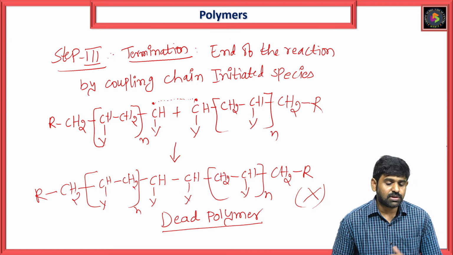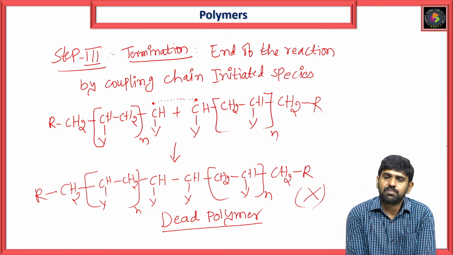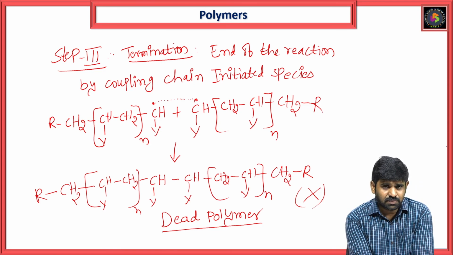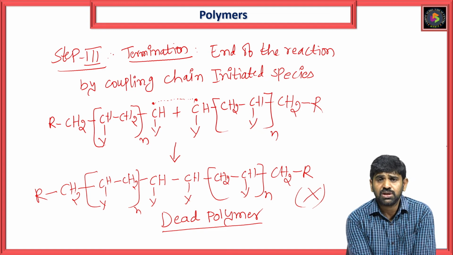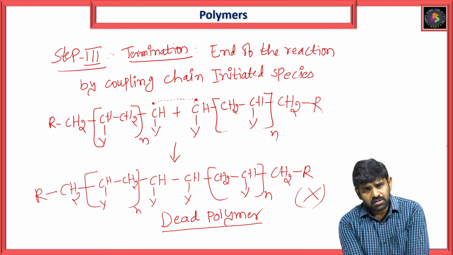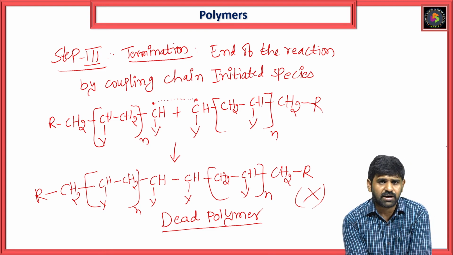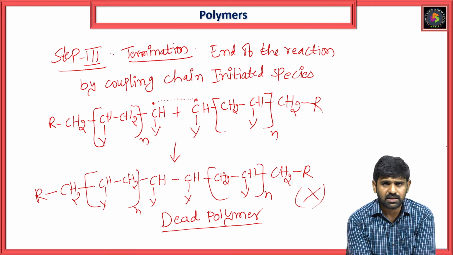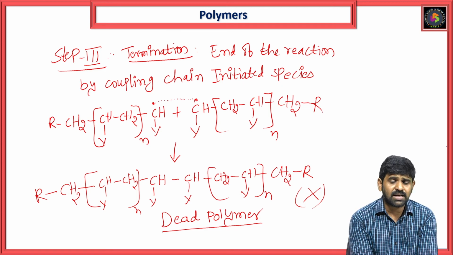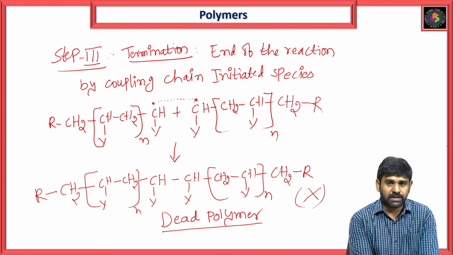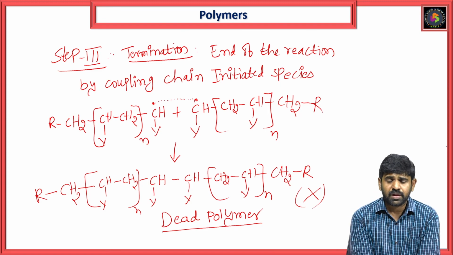Okay, so this is about free radical addition polymerization. This mechanism consists of 3 steps: initiation, propagation, and termination. In initiation, always formation of reactive particles takes place. So here the reactive particle is nothing but free radical. So formation of free radicals takes place. That is step 1. Next, step 2, that is propagation.